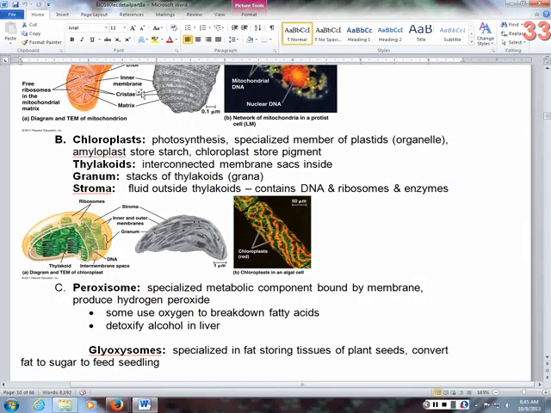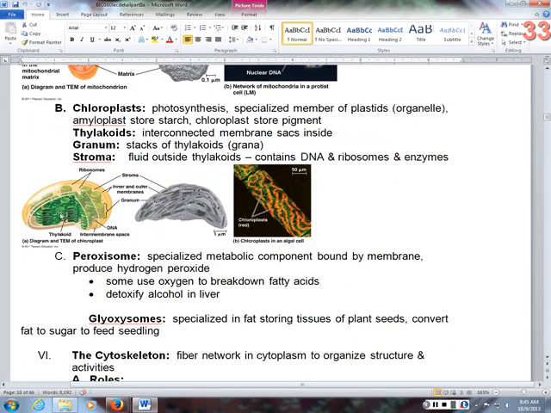Where you have the cristae in your mitochondria, in the chloroplast you get these thylakoids. The granum are the stacks of thylakoids, and then the stroma is the fluid outside the thylakoids. It's going to contain DNA, ribosomes, and enzymes. So in here, this is showing a chloroplast, and you've got these stacks of thylakoids making up the granum.